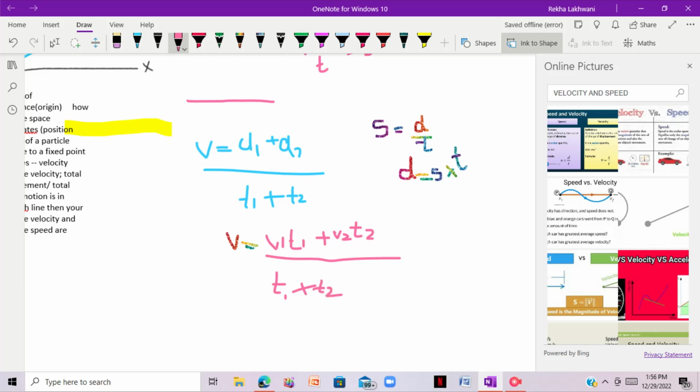Now basically we know that if we replace d with this, we get the formula d is equal to s multiplied by t.